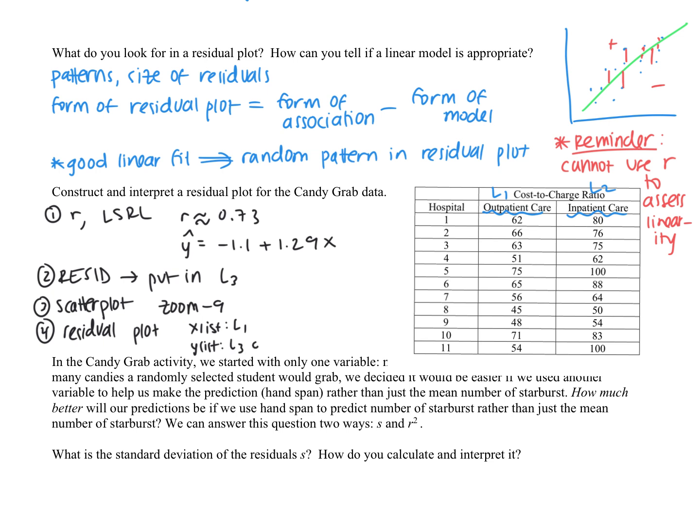Either you can use list 3 if you put the residuals there, or you can just put in the resid list, whichever one you prefer. So do that now. Change that Y list, and then again, you're going to do Zoom 9. Show your residual plot to the person next to you.